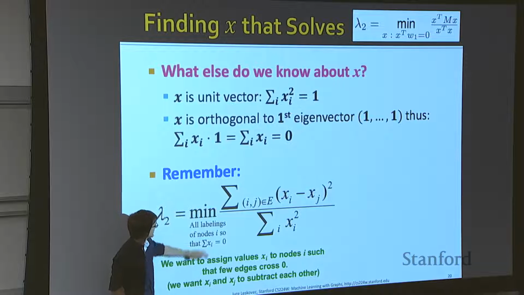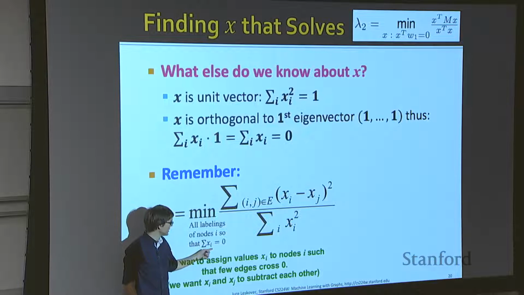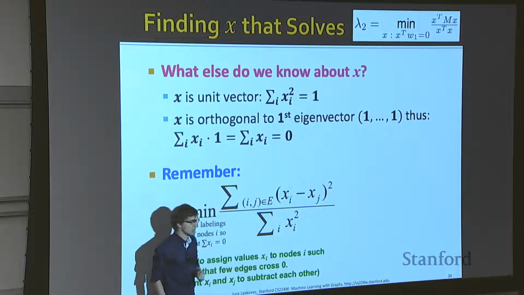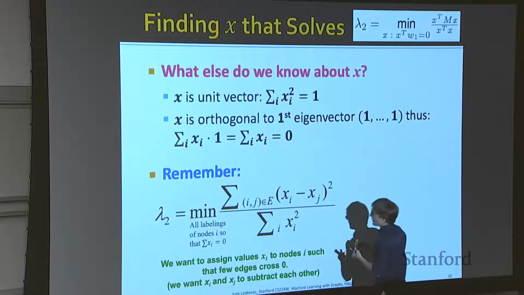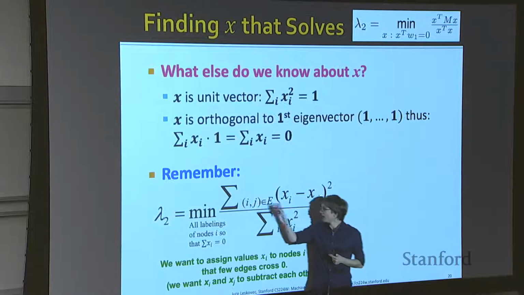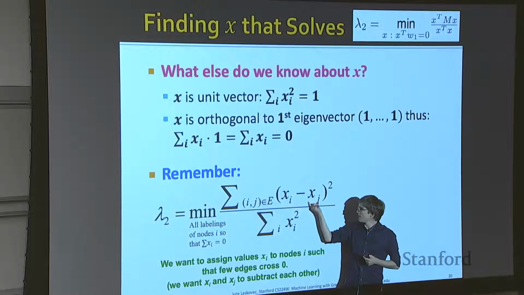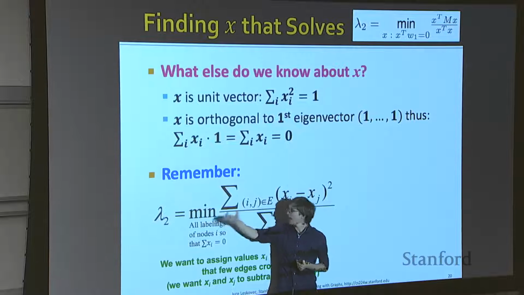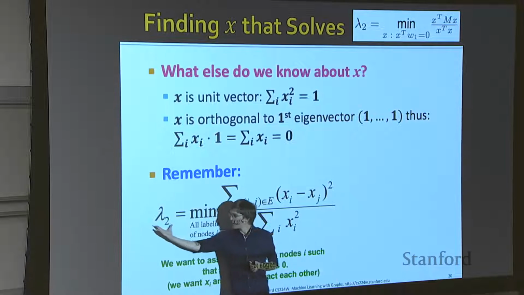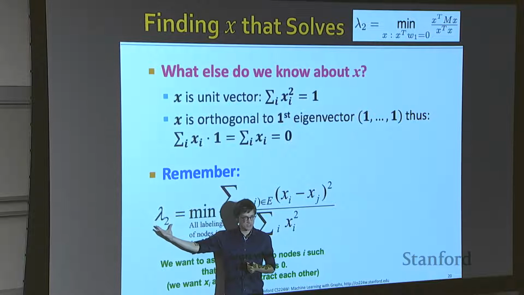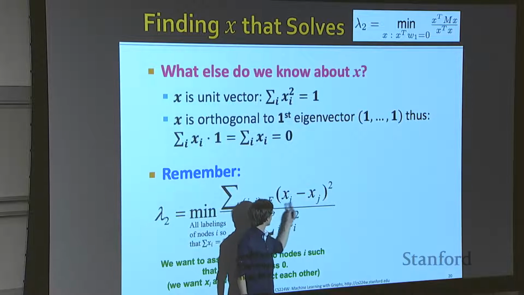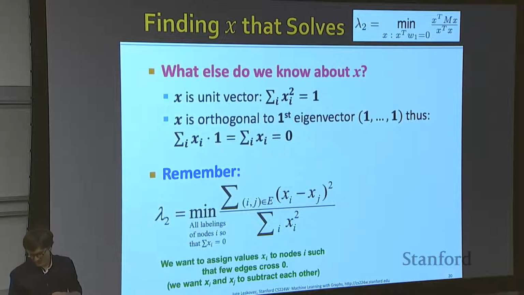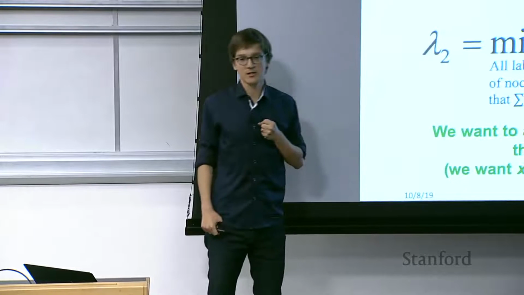Find a vector x such that its components sum to 0, such that its Euclidean length equals 1, and in such a way that when I go over the edges of the graph, the value at node i minus the value at node j squared, summed over these edges, is as small as possible. The value of the sum equals the second smallest eigenvalue, and the vector that gives me this solution is the eigenvector corresponding to the second smallest eigenvalue.